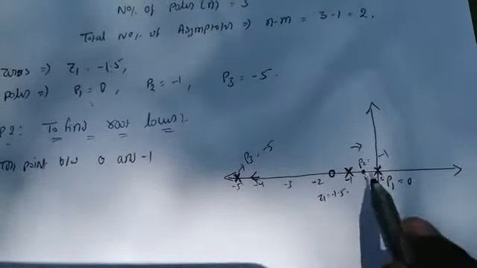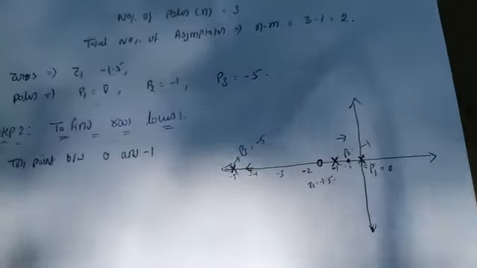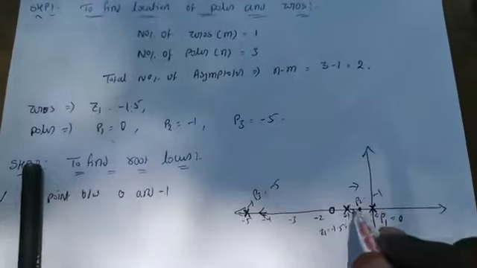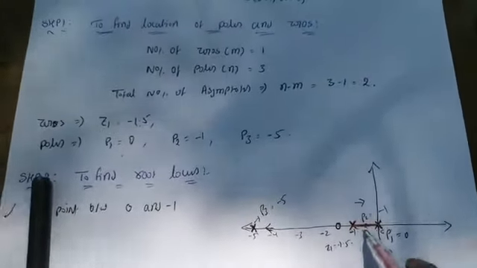So that's why in between these 2 poles, the root locus will be available. So we have to draw it like this with a dark line. So this is the root locus 1.